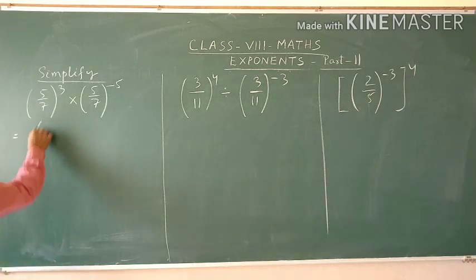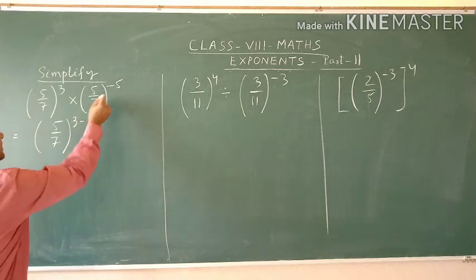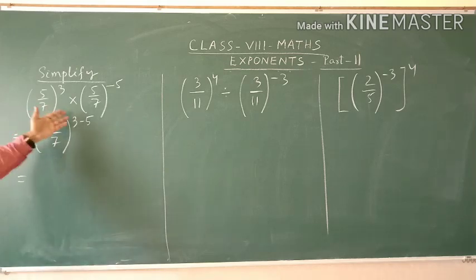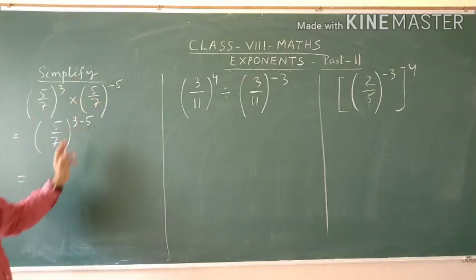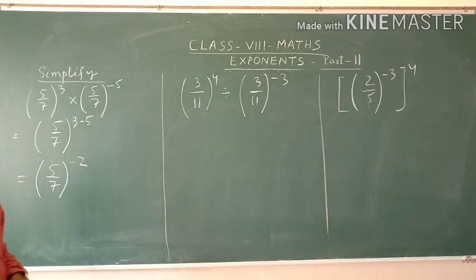So write the base here, 5 upon 7, and the powers 3 plus minus 5. We see here the base is the same and the power will be added. So 3 plus minus 5 will be 3 minus 5, which is minus 2. So (5/7)^-2.